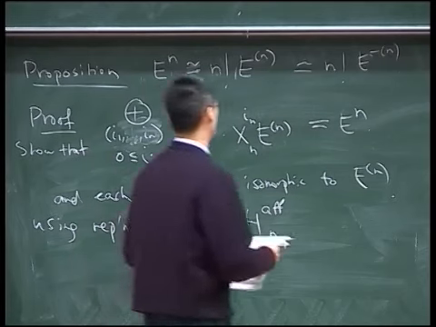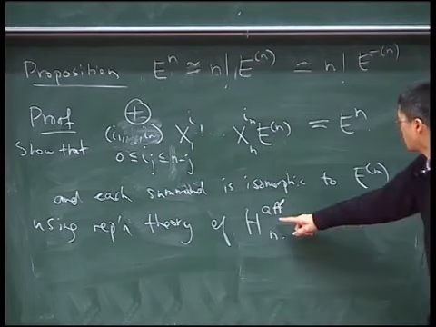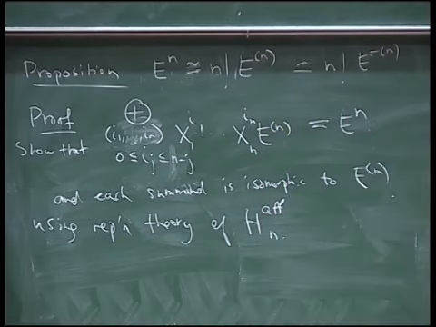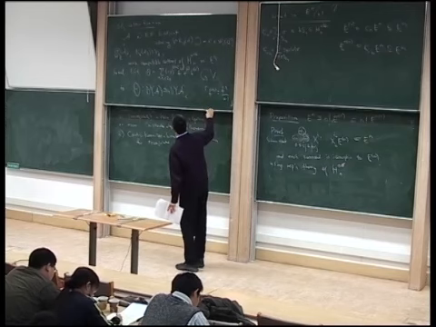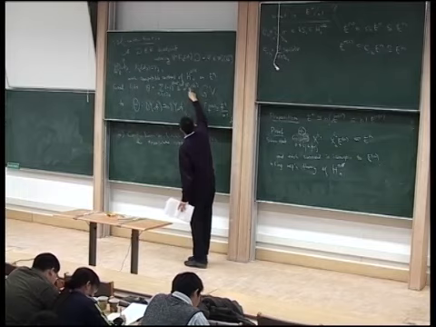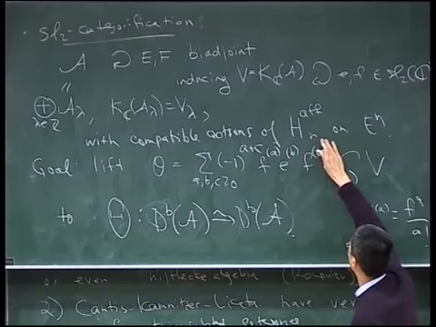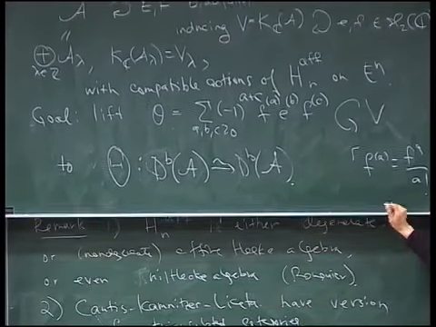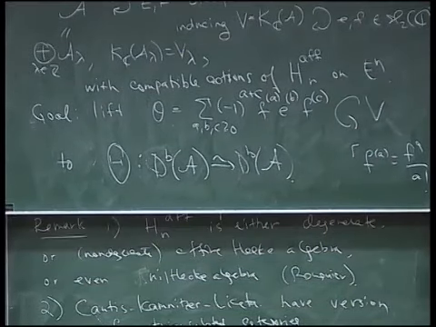So the idea goes as follows. I guess I didn't include all of the assumptions here, but in this action of HNF on e to the n, the x's are supposed to act nilpotently. So we can just use a part of the representation theory for which that's true.